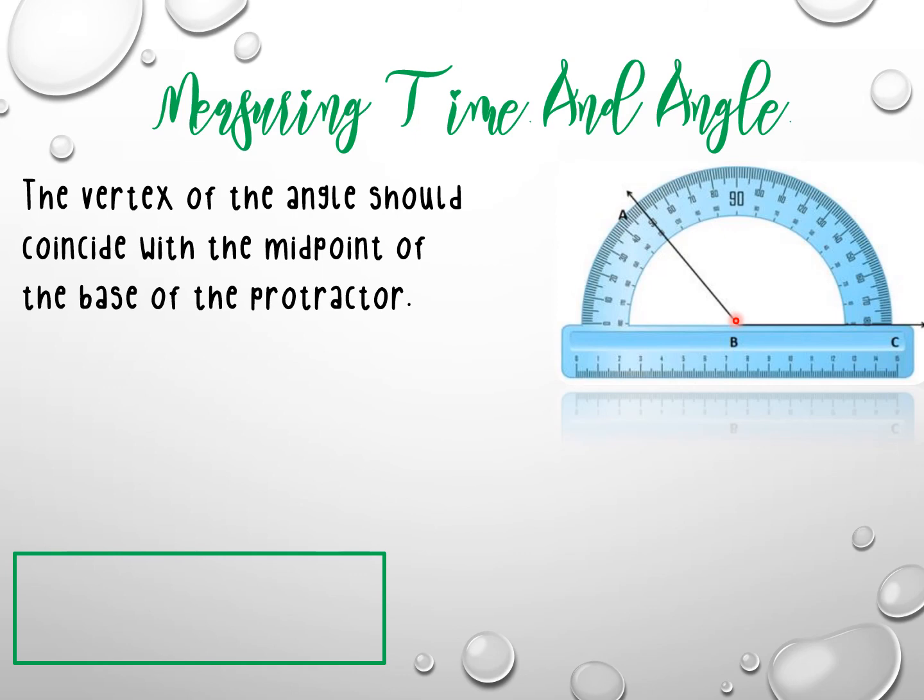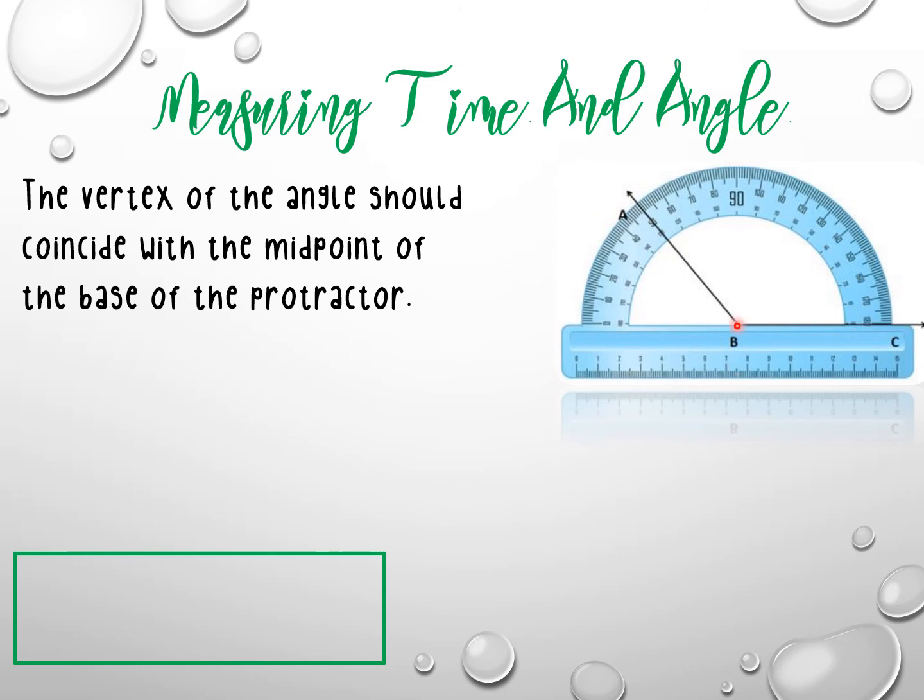Kailangan yung vertex ng angle na yan ay magko-coincide. Pag sinabing coincide, natatapat siya dun sa midpoint ng base ng protractor. So, ito yung base. Okay? Pag sinabing midpoint, yung pinakagitna ng protractor. Okay? So, ito yung midpoint.